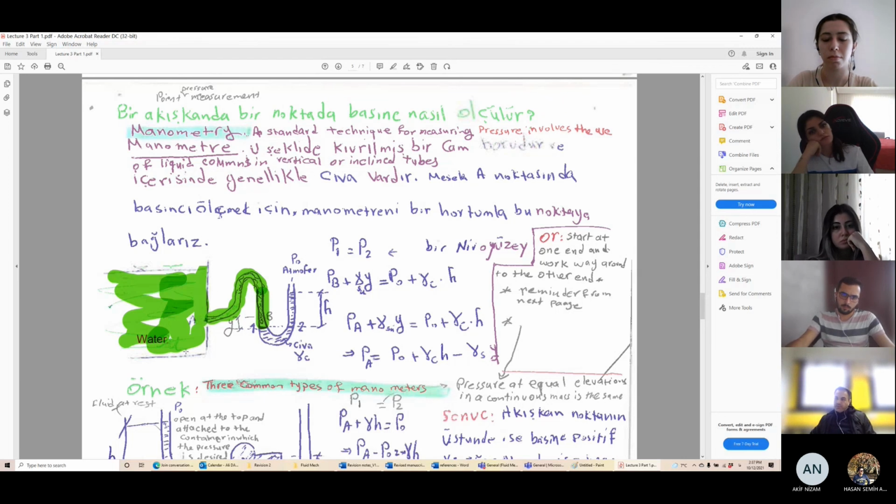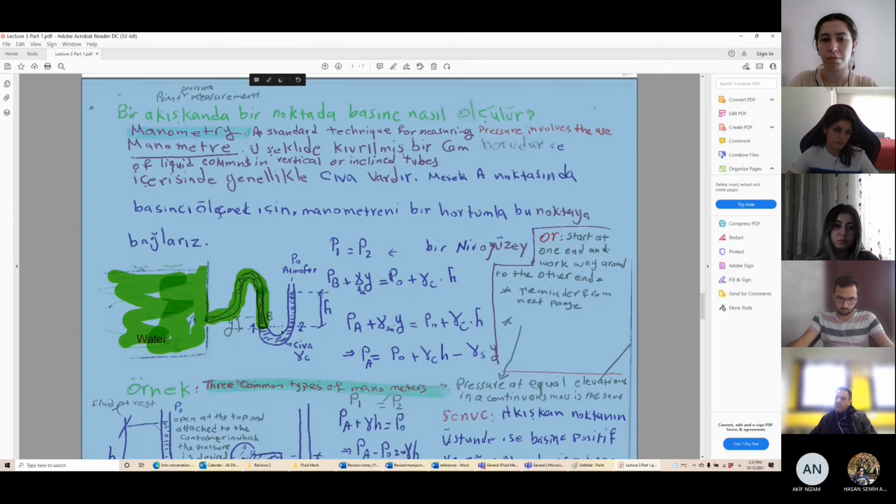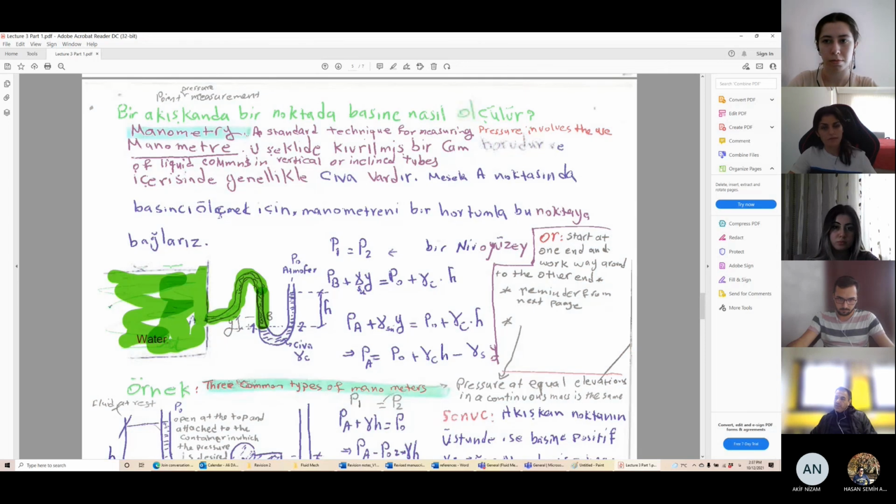Okay, this is my manometric system, and it is at equilibrium condition. I found here an interaction point of water with mercury at this level, which I know that both are at the same level.